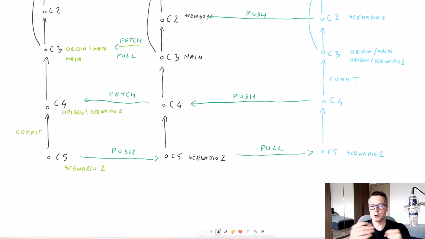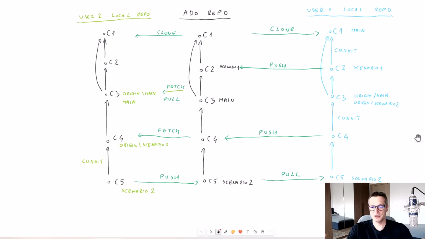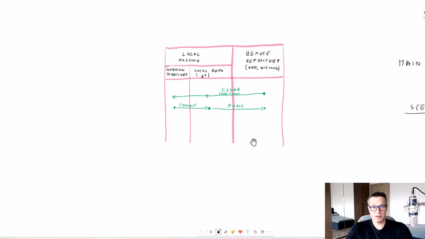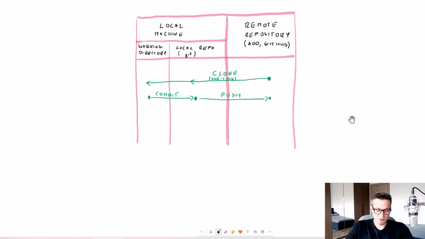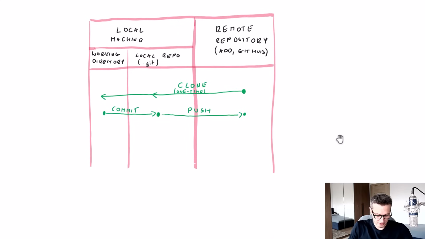That's how you would work in case of multiple developers working on the same feature. We can also go back to our diagram, to the table that I created in one of the previous episodes that showed you various operations. So let's add those two things that we learned about today.